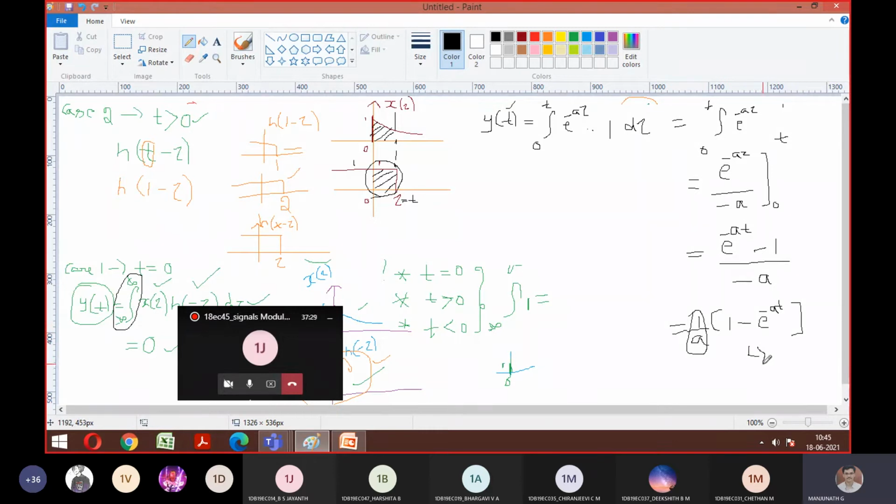So from this I have a condition: t should always be greater than 0. So this is the output we can expect for case number 2. Any doubts? Is it okay to everyone?